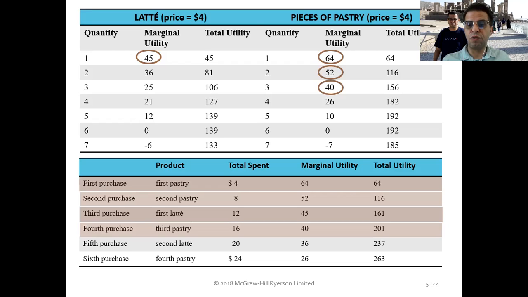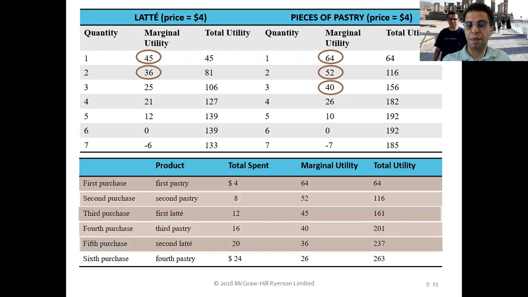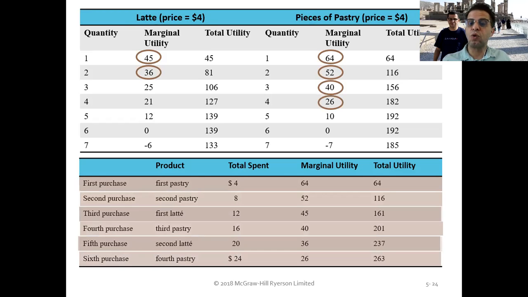Now, if we're still looking to get more satisfaction, if we buy a latte, it's going to give us 36, and if we buy pastry, it'll give us 26. So obviously, we'll select latte. And the last one remaining, 26 to 25. So we will select the 26, which is more pastry. And that's how the total utility is the highest. So we end up buying 4 units of pastry and 2 lattes.